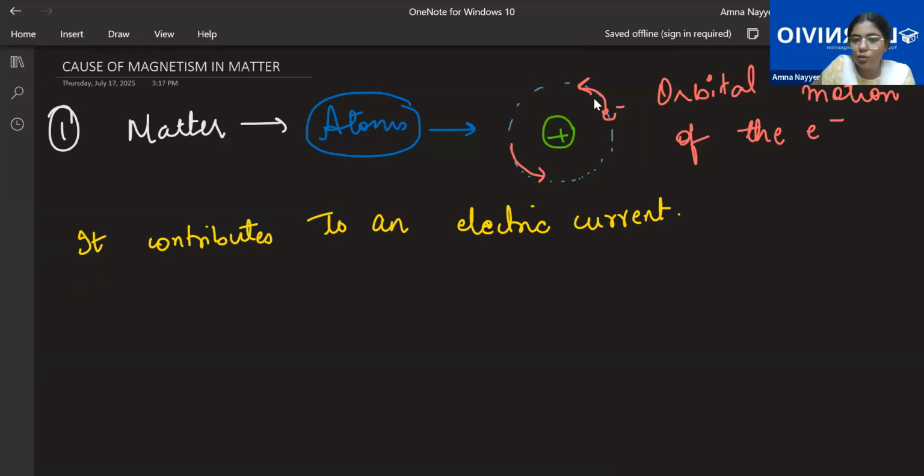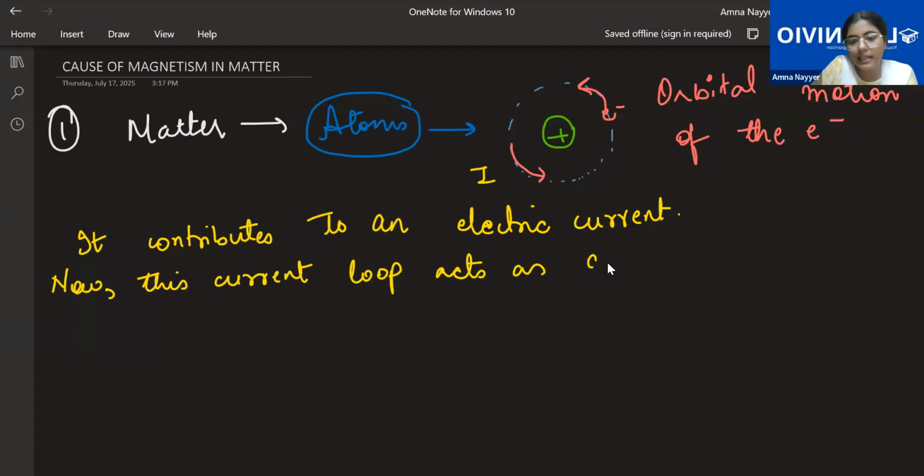This is like a loop producing current at the very atomic level. Nucleus is there, electrons are revolving around it in orbital motion, and this contributes to current because electrons have started their movement. So this current loop acts as a magnetic dipole.